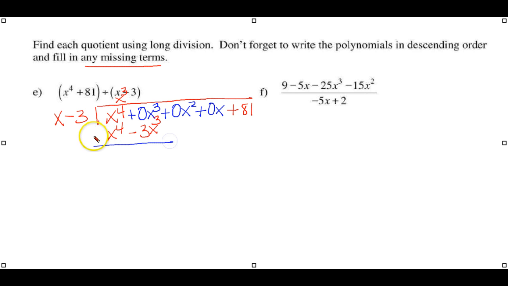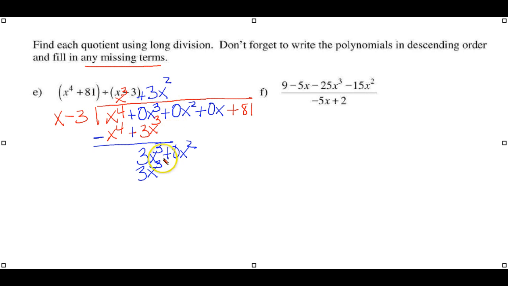Now we put our line. What do we do to the signs? Change them. So this is now 3x to the third. Bring this that has no value down. X goes into there, plus 3x squared times. Now x times this is 3x cubed.